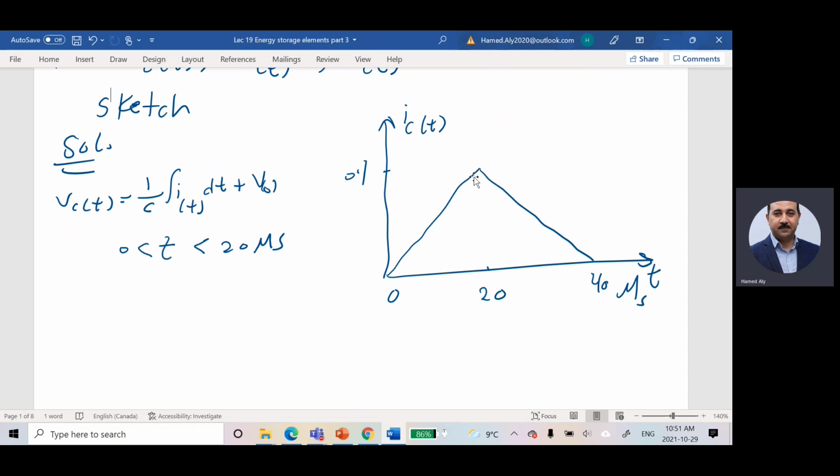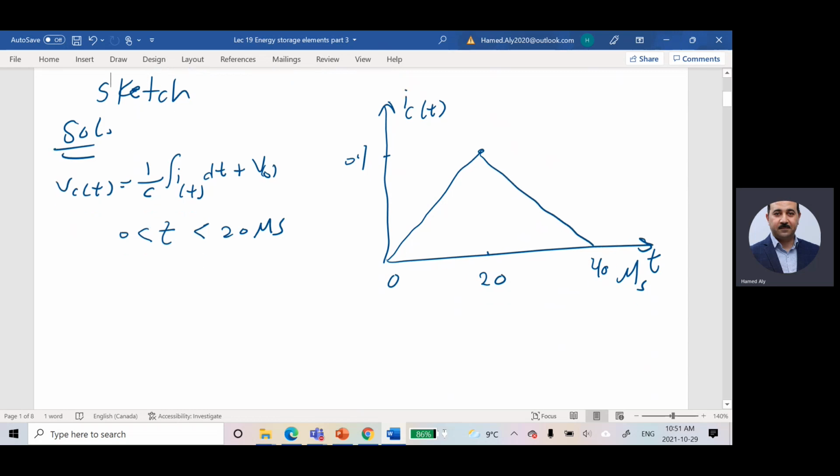Sometimes the function is defined by two different definitions at a specific point. But here, if you try to use this line for finding I at 20, it will give you the same value if you try to use this line. So it doesn't matter if you wrote equal or less.